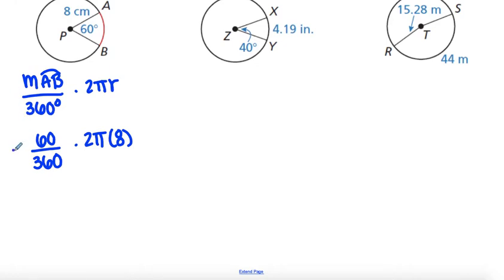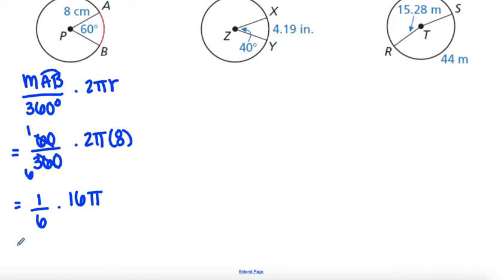Okay, now I want to simplify that out. So if I simplify this first fraction, I see 60 over 360. 60 actually goes into 360 evenly, and it goes in 6 times. So I'm really going to get 1 over 6 times, well, 2 times 8 is 16 pi.